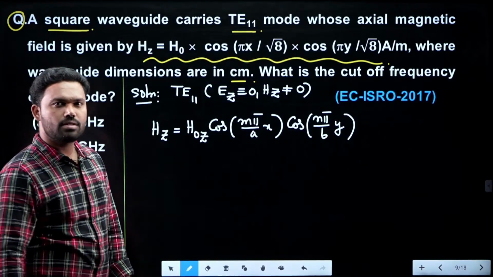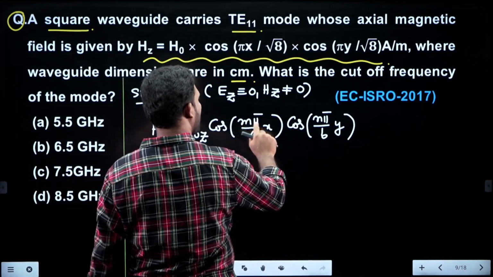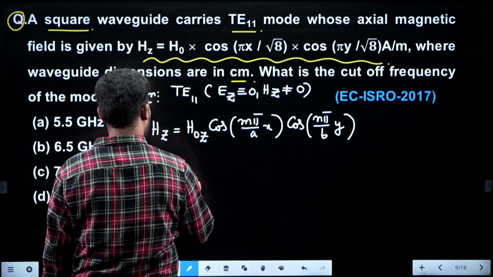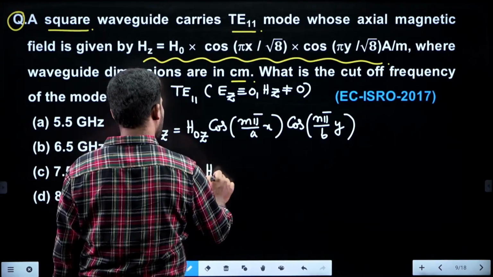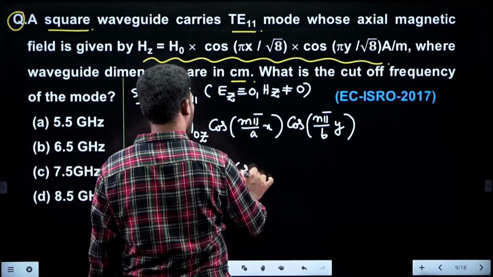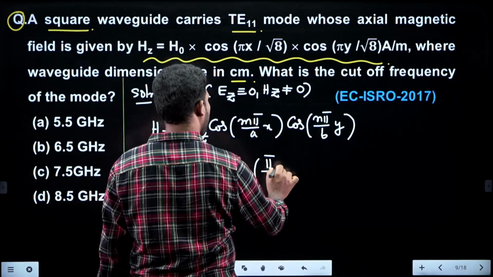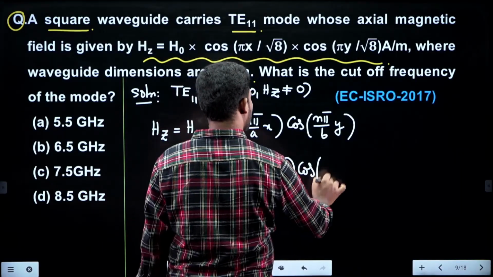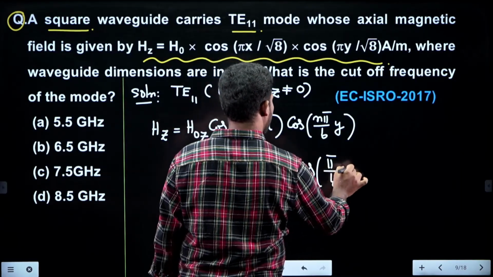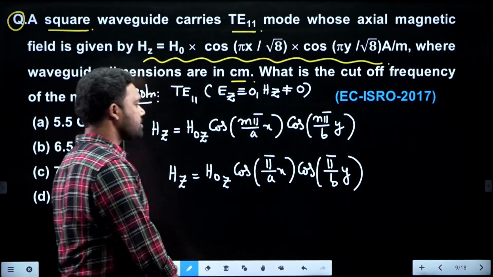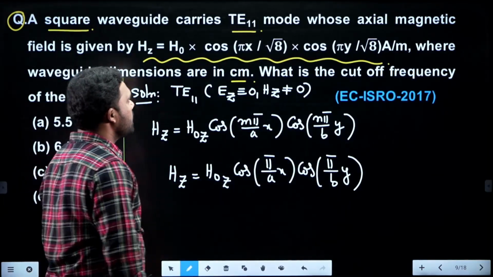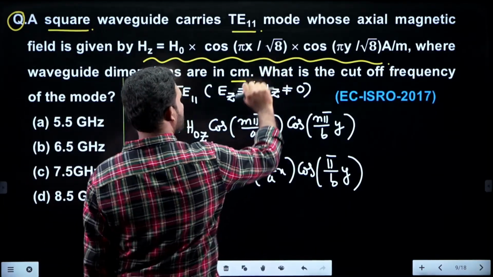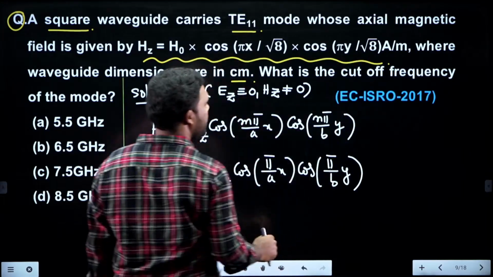You can make a comparison here. So in the place of m you are having a 1. So if you want to rewrite one more step, you can write H naught of z cos pi by a into x cos pi by b into y. So in the place of a you are having root 8, in the place of b you are having root 8.